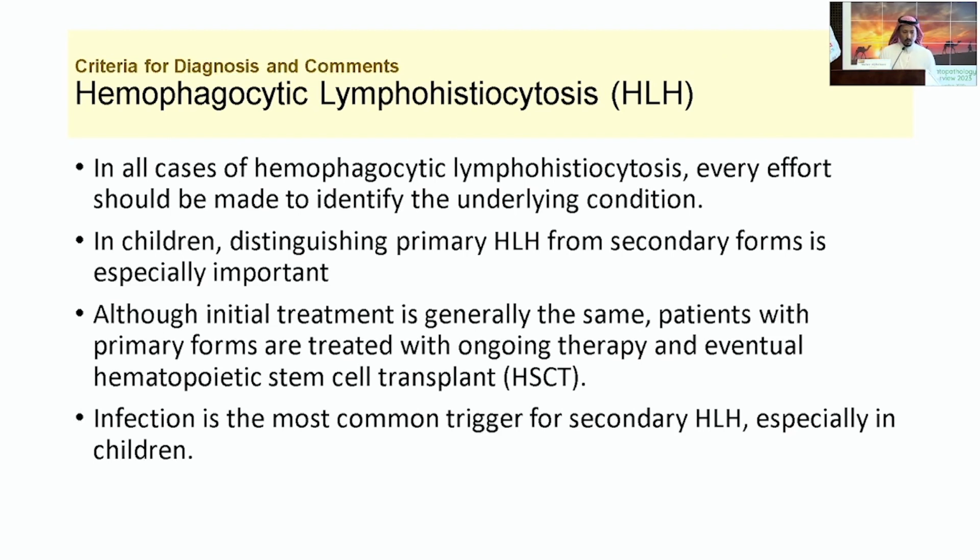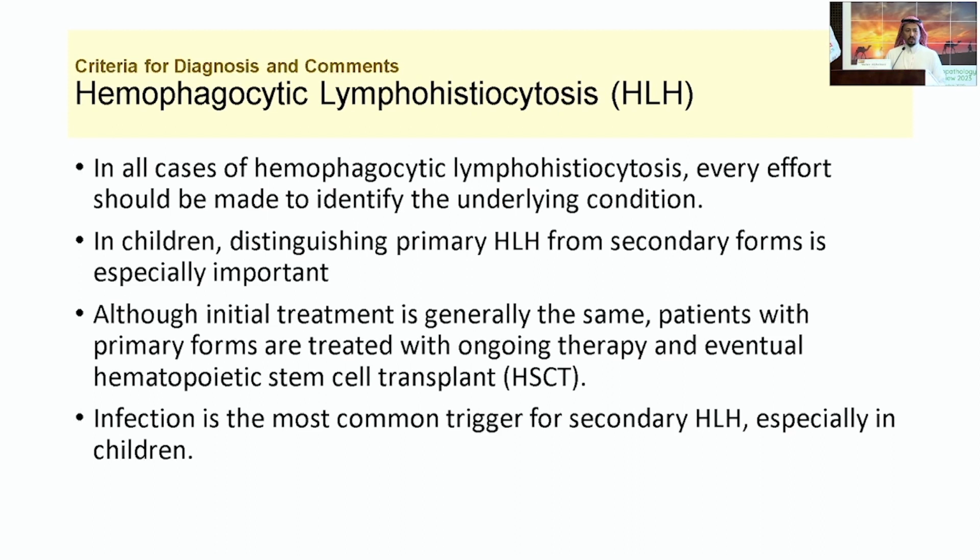We have another very important message here. Most cases of HLH have a background disease, so you need to investigate the possible predisposing factor or the underlying pathology that triggers the HLH condition.